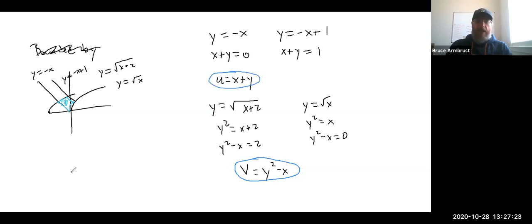my region now, if we were to look in the uv plane, so here's u and here's v, what that region looks like now is a rectangle. My u's are between 0 and 1, and my v's are between 0 and 2.